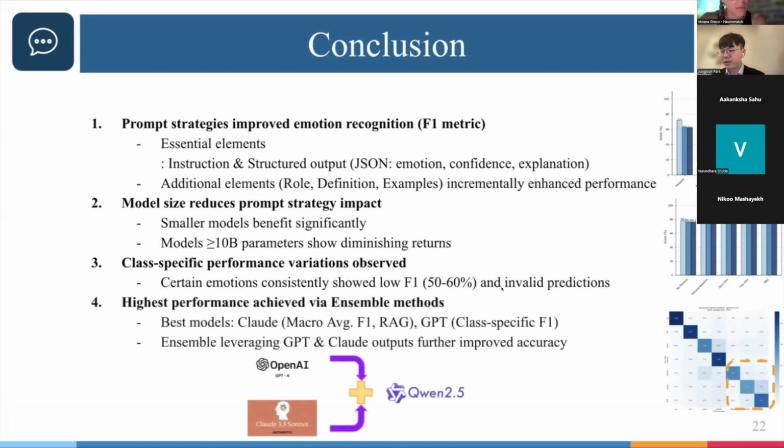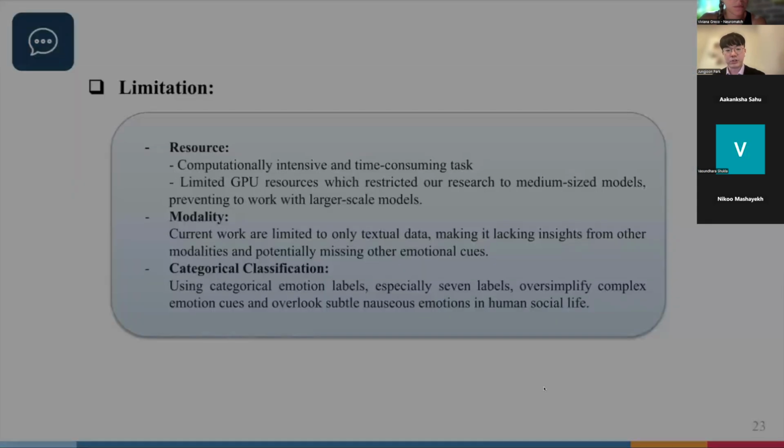And finally, ensemble methods deliver the highest overall performance using the GPT model and Claude model, a mixture of their results. The final Qwen 2.5 model could improve accuracy by more than 6%.